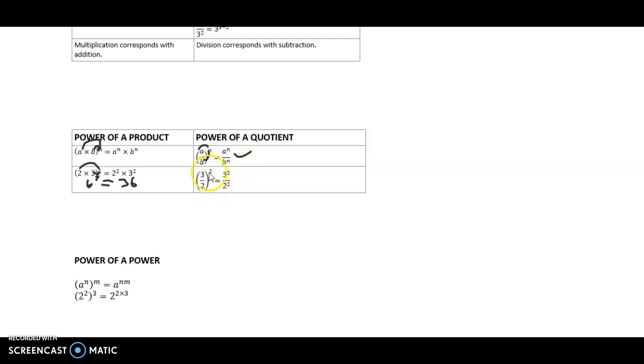Here too, you can do it either way: you can start by dividing 3 by 2, getting 1.5 to the power of 2, and get that answer, or you can just follow the basic rule. The power of a quotient tells you it will be 3 to the power of 2 all over 2 to the power of 2.